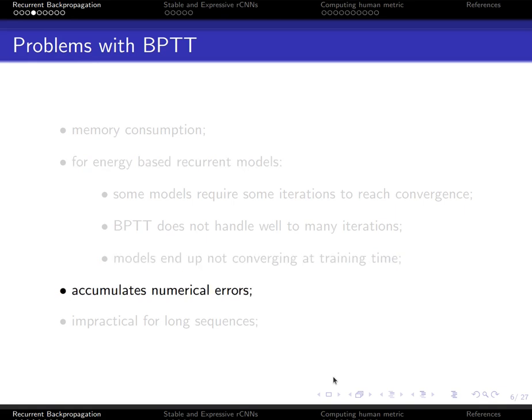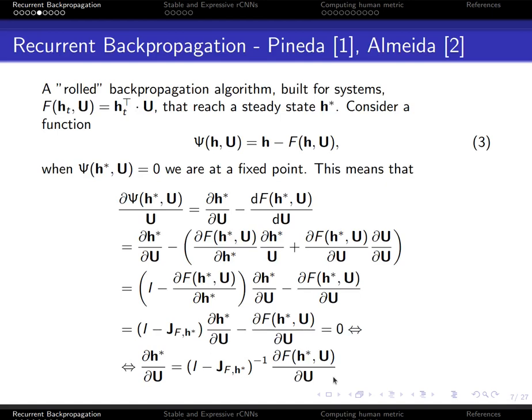Furthermore, it accumulates numerical errors because you can have vanishing or exploding gradients depending on how your function behaves. All of this makes the algorithm impractical for long sequences when dealing with RNNs.